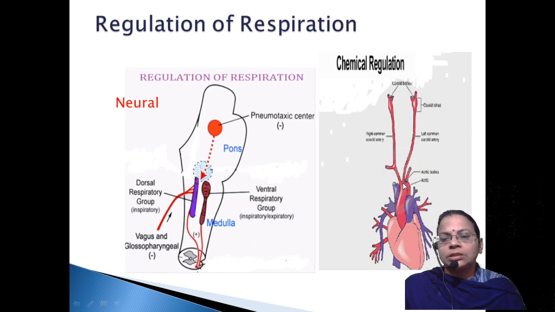Whenever the blood passes through, each and every time they will sense the partial pressure of carbon dioxide and the H plus ions. That means the amount of carbon dioxide. Whenever it is increasing beyond the normal condition, because they carry oxygenated blood, so carbon dioxide should be less.